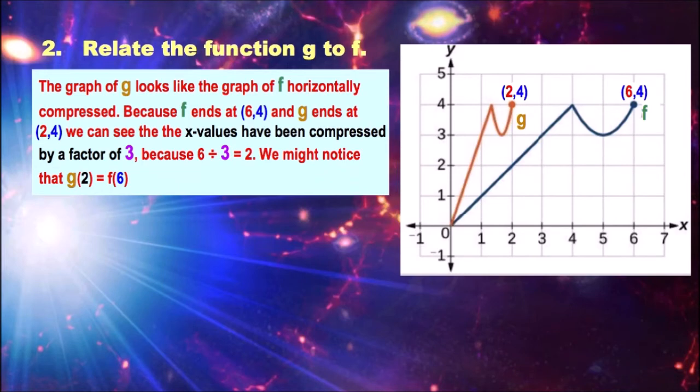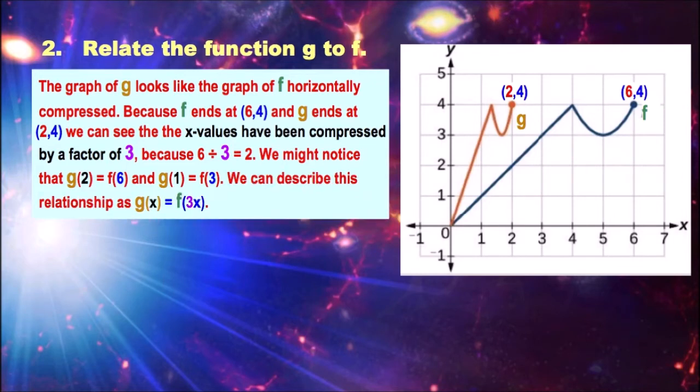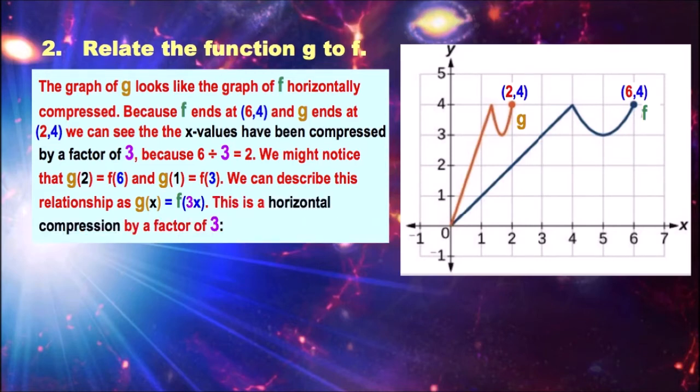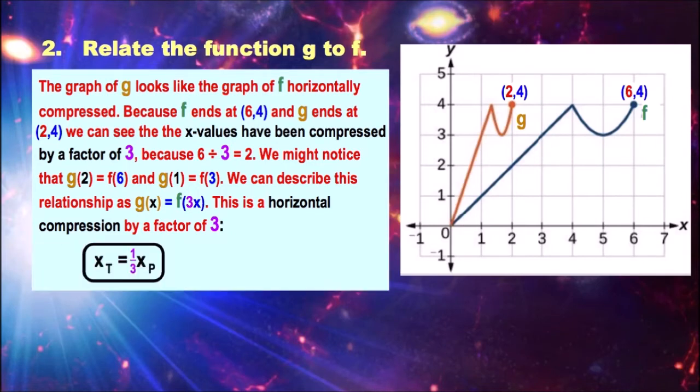We might notice that g of 2 equals f of 6, and g of 1 equals f of 3. We can describe this relationship as g of x equals f of 3x. This is a horizontal compression by a factor of 3. X transformation equals 1/3 x parent.